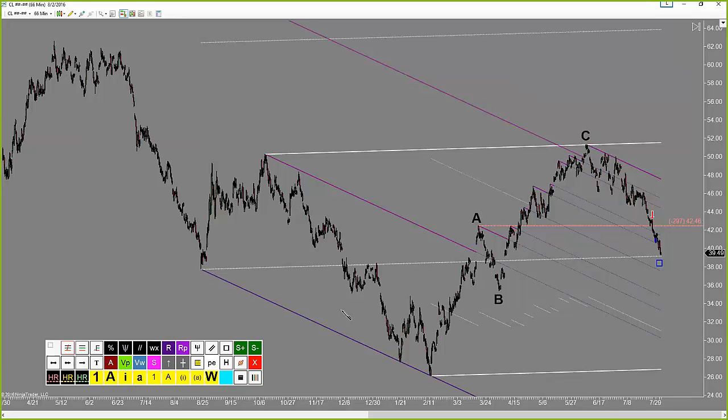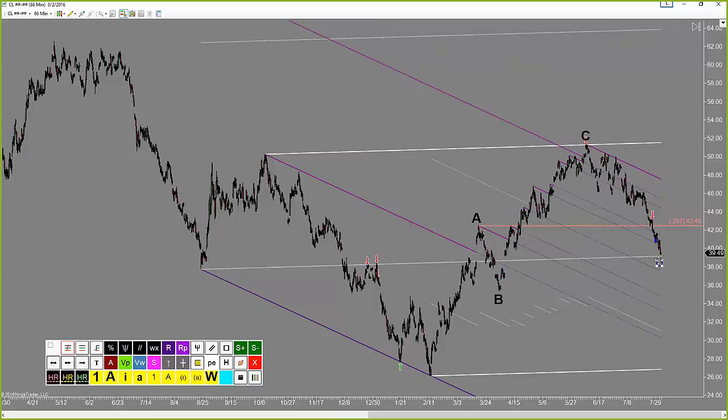It's just looking back to the left, you have these hits here on the median line. You see, you've got, of course, this. And then you come up and tag it perfectly right there for the end. And now we're coming down to the median line. So this is likely going to give us an area.